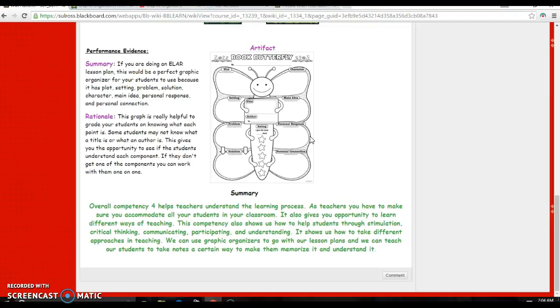It shows us how to take different teaching approaches using different graphs, different teaching strategies, taking notes, all kinds of stuff. We can also use graphic organizers with our lesson plans, and we can teach our students to take notes a certain way, and they help them memorize it and understand it.